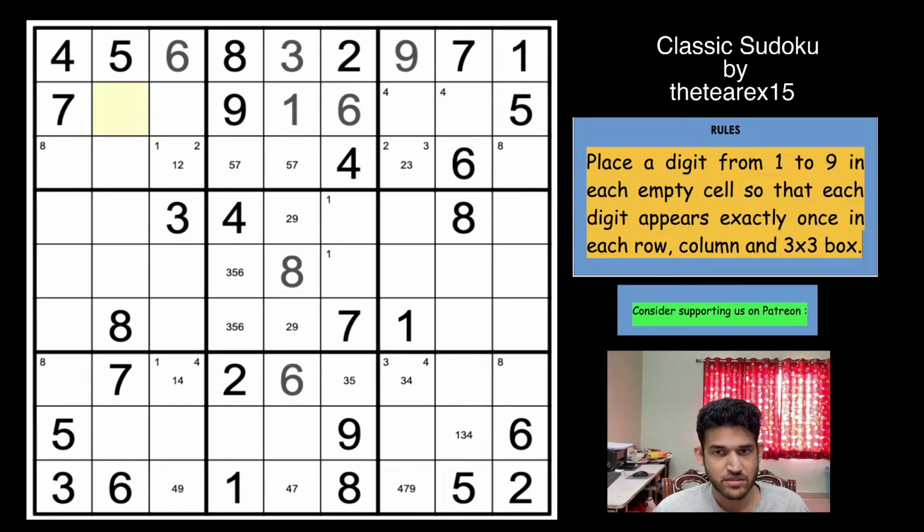And this cell has to be 2, 3. And column 6, this is 1, 5. Column 9, this cell is restricted, has to be 7, 9.